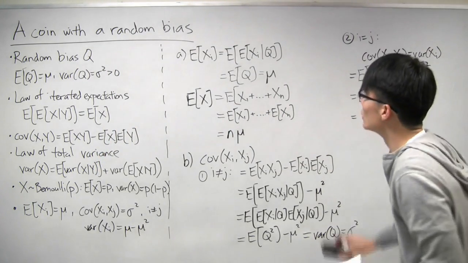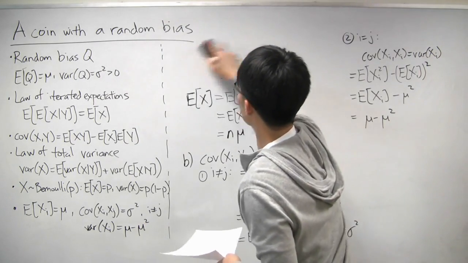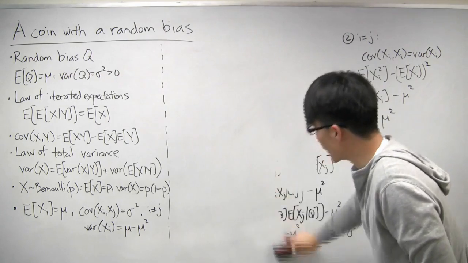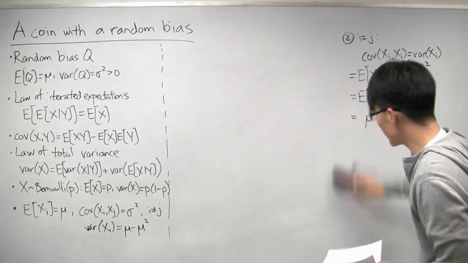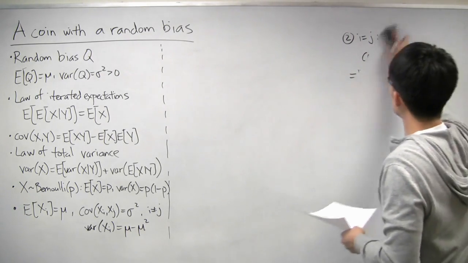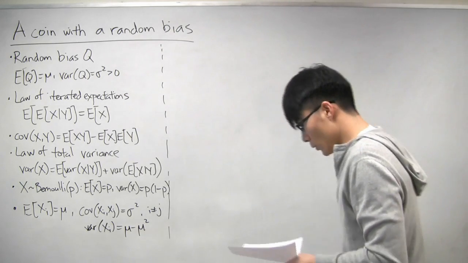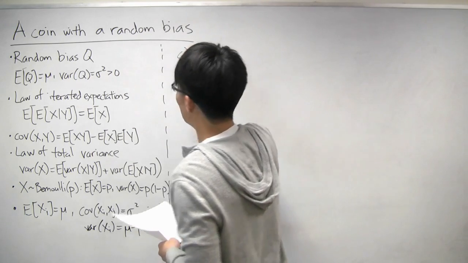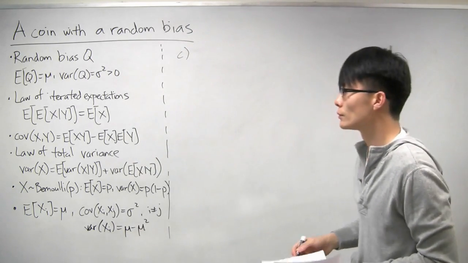All right. So now let's move on to the last part, part C, which asks us to calculate the variance of x in two different ways. So the first way we'll do it is using the law of total variance.